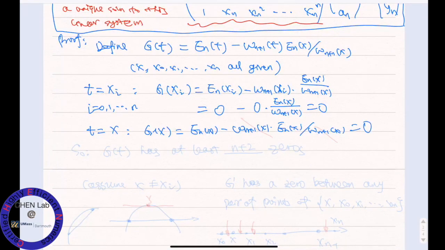You're going to get 0 because it's en minus en. We are canceling this, so we get 0. It's quite a revealing and interesting proof.